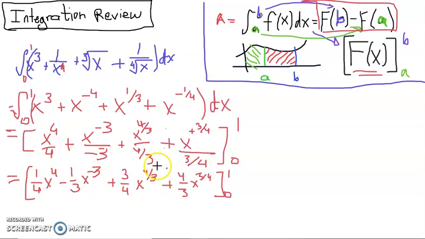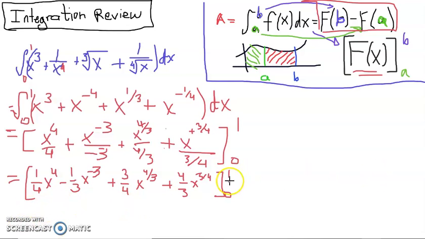The fractions that are in the denominator you can flip upside down and put out front. All of this is just to make it easier to actually plug in these numbers. This is not necessarily an urgent step, but you can definitely do that. Now it's very easy to plug in zeros and ones. That's why I chose those.